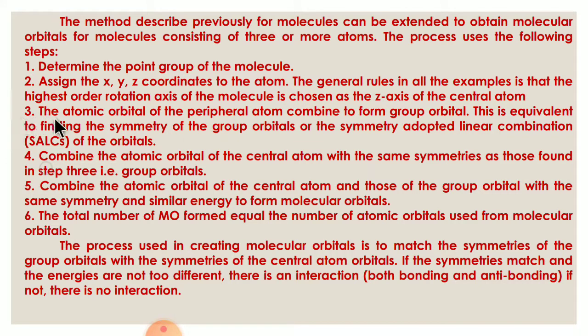Next, the atomic orbitals of the peripheral atoms combine to form group orbitals. This is equivalent to finding the symmetry of the group orbitals, or the symmetry adapted linear combinations of the orbitals.